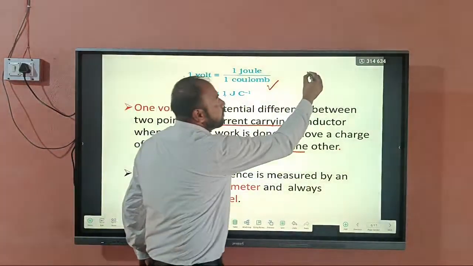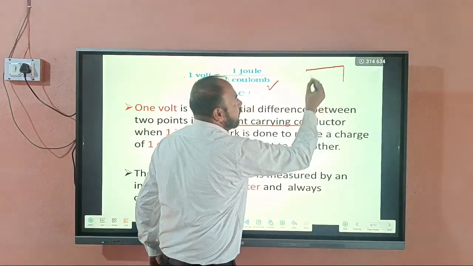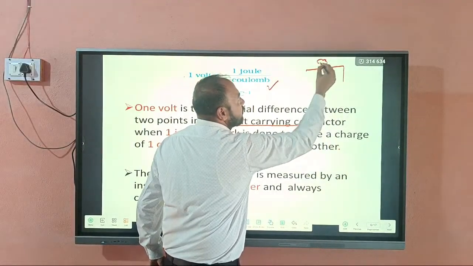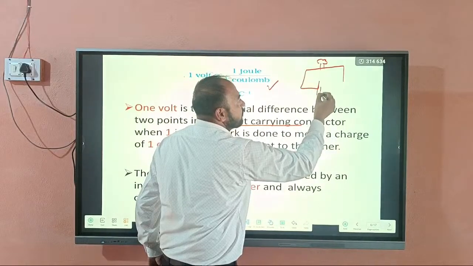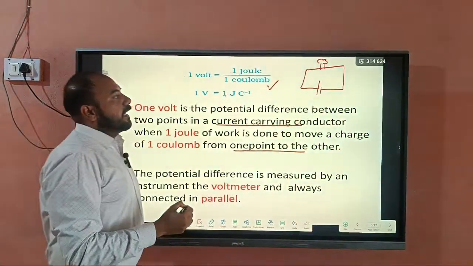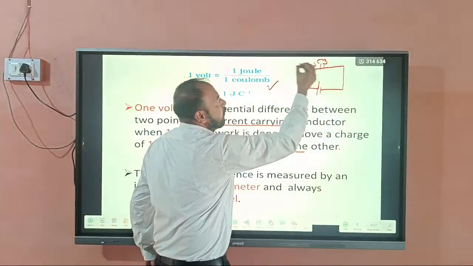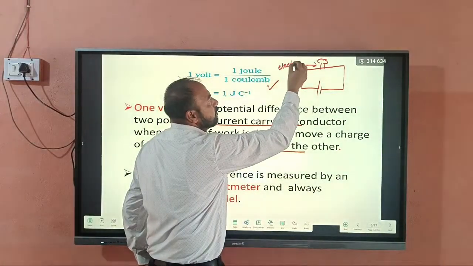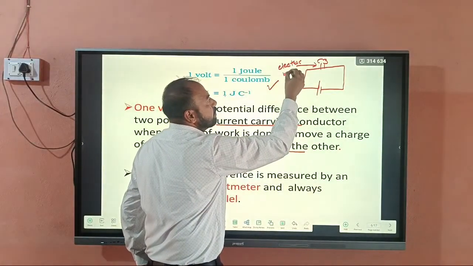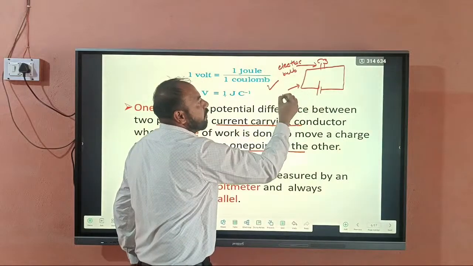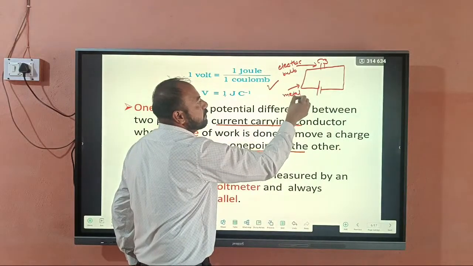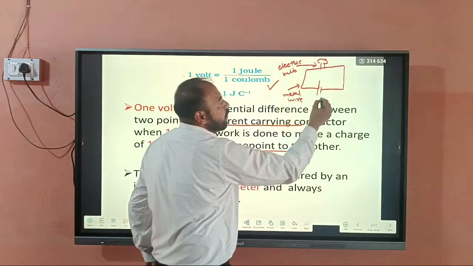For example, this is an electric circuit, and this is an electric bulb, and this is a metal wire, and this is an electric cell.